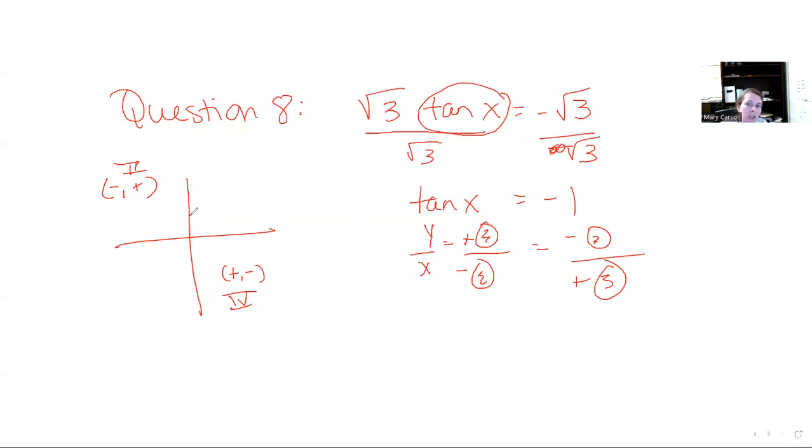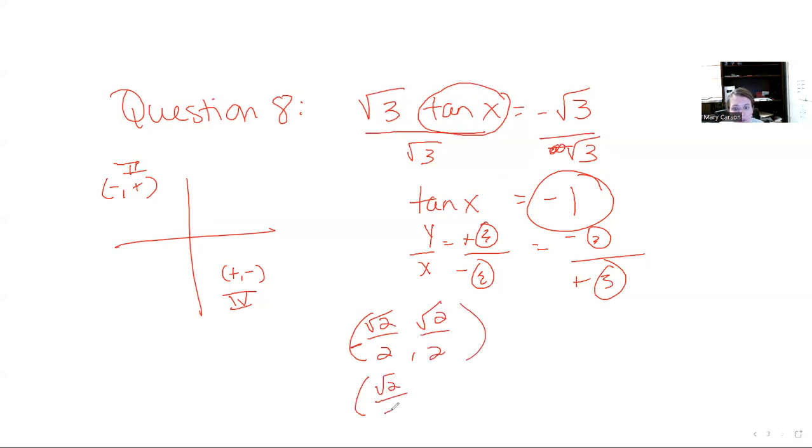All right. And then this is actually a number on your unit circle. If you look at your ordered pairs on the unit circle, which one, dividing your x and your y, would give you 1? Well, that would have to be the ordered pair square root of 2 over 2 and square root of 2 over 2. And obviously one of these is going to be negative, so you would have either one of these ordered pairs.